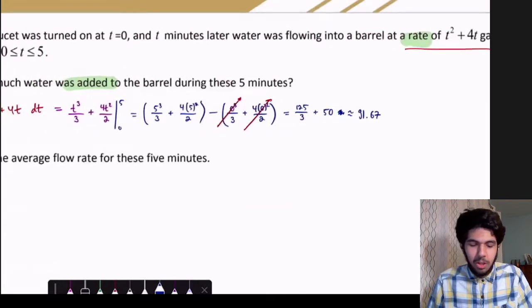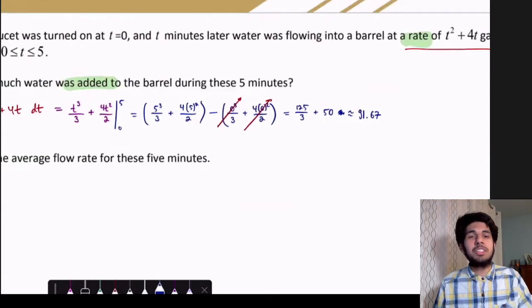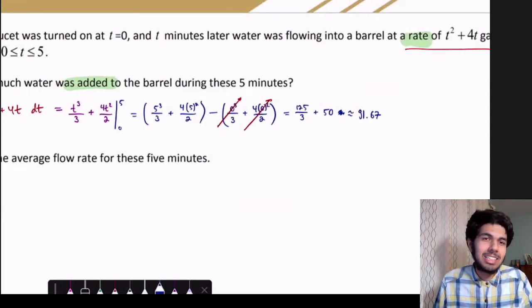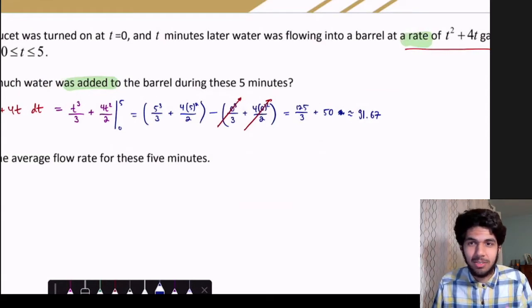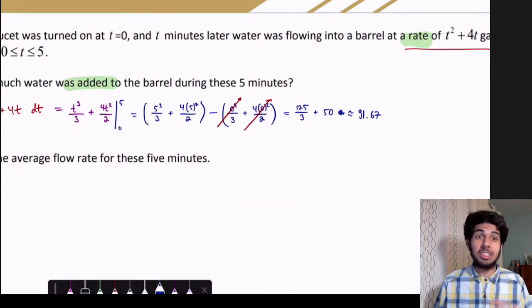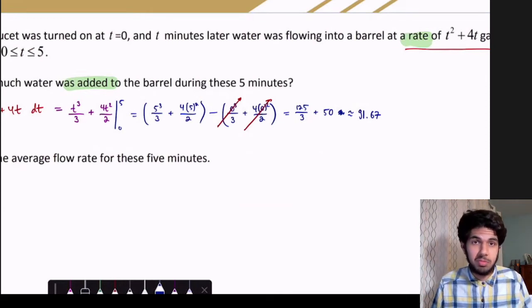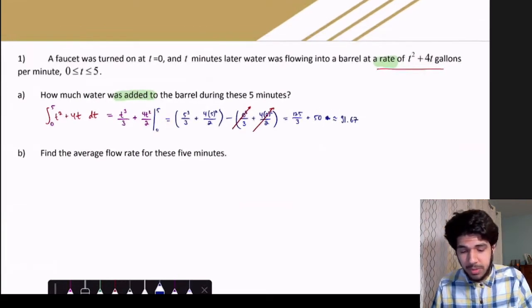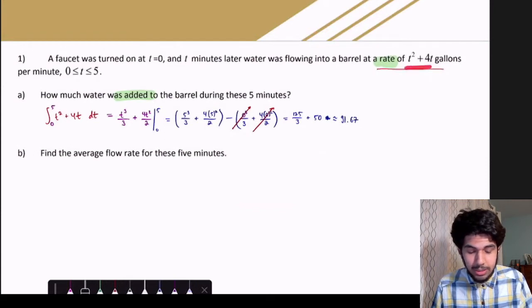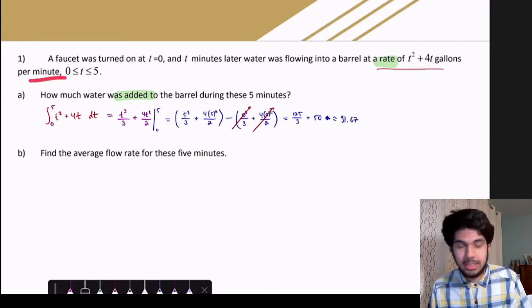So cool, we solved it and we got the number, but a huge part about these problems is the correct units. 91.67 doesn't mean anything really right now until we put it back in terms of the question. Water was flowing into the barrel at this rate of gallons per minute.